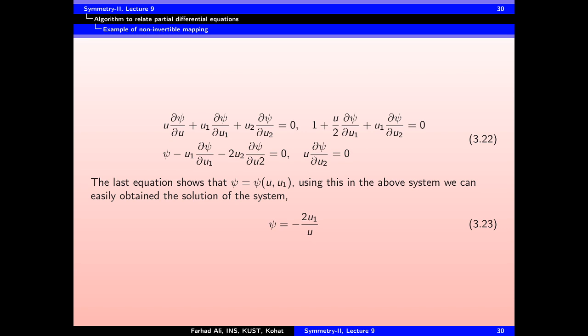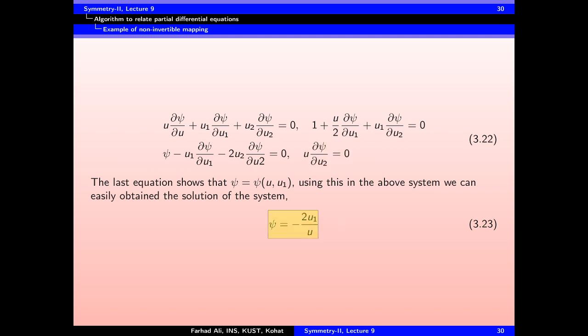And this last equation tells me that psi depends only on u1, not on u2. Now putting this information above in these three equations, we can get this solution.